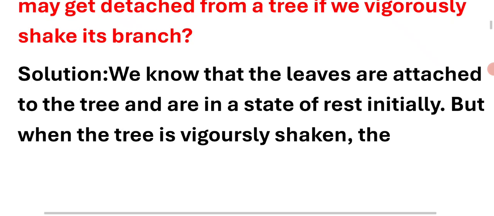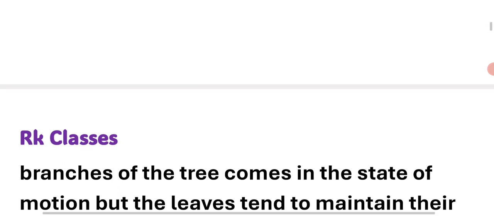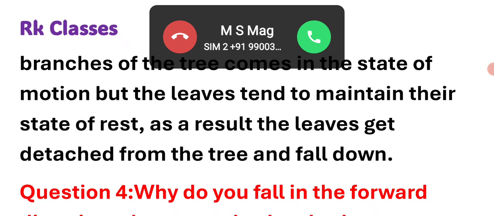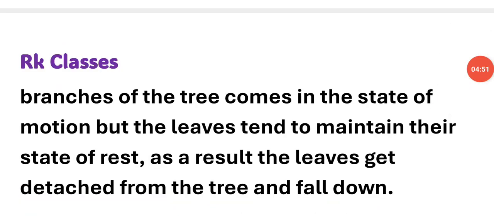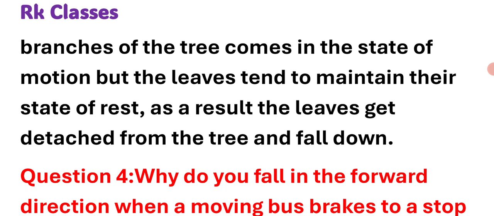Right answer, we know that the leaves are attached to the tree and are initially in a state of rest, but when the tree is vigorously shaken, the branches of the tree come into a state of motion, but the leaves tend to maintain their state of rest. As a result, the leaves get detached from the tree and fall down.